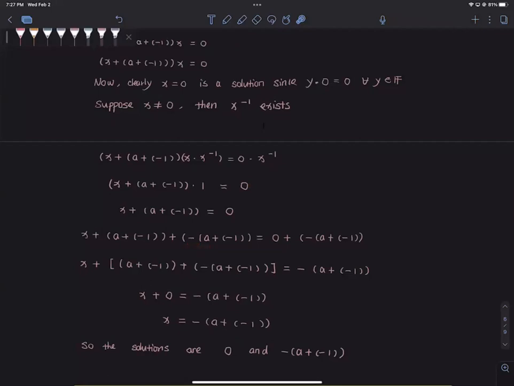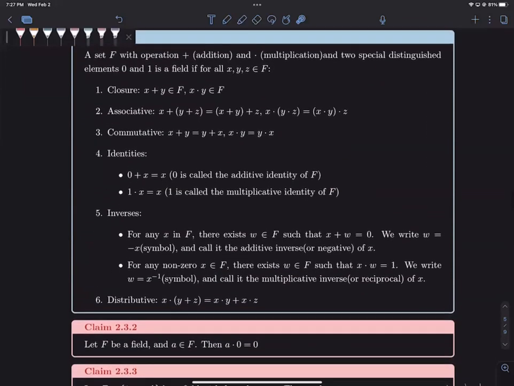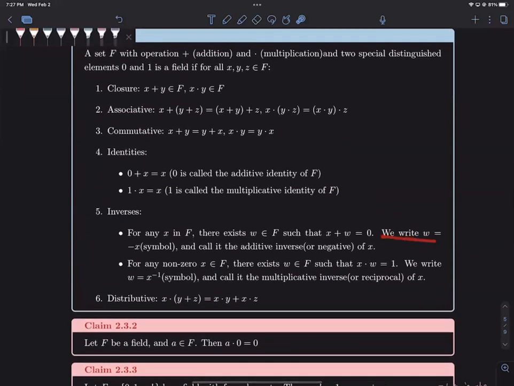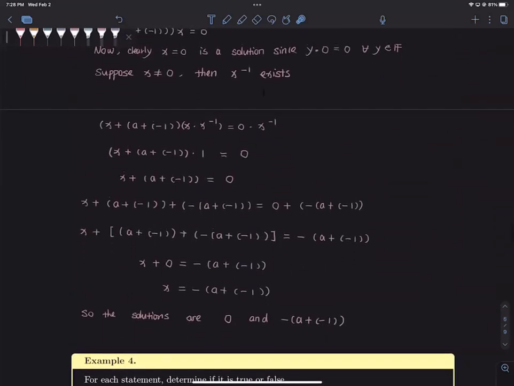Oh, I added the additive inverse of this. What's the additive inverse? It's the negative of something. It's not -1 times something. The additive inverse, remember? Here, we write negative x as the additive inverse. I'm missing the brackets here. Oh, I should have another bracket here, right? Is that what you're saying?